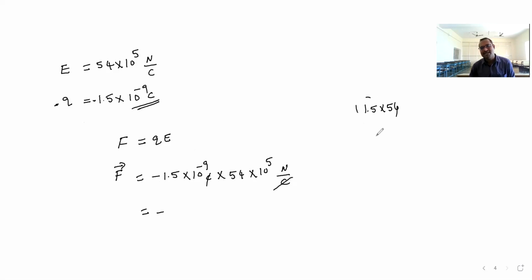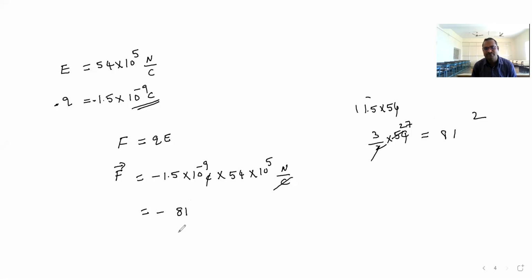Okay, you can do this as 3 by 2 into 54. Are you getting? 2 ones are 2, 2 twos are 4, 2 sevens are 14. 3 into 27, how much? 3 sevens are 21, 3 twos are 6 plus 2, 8, 81. Clear? So we can write 81.